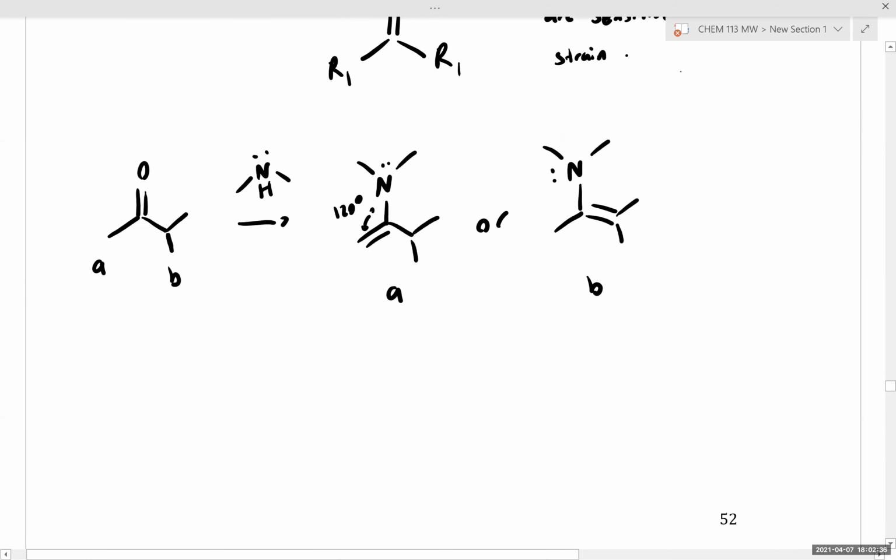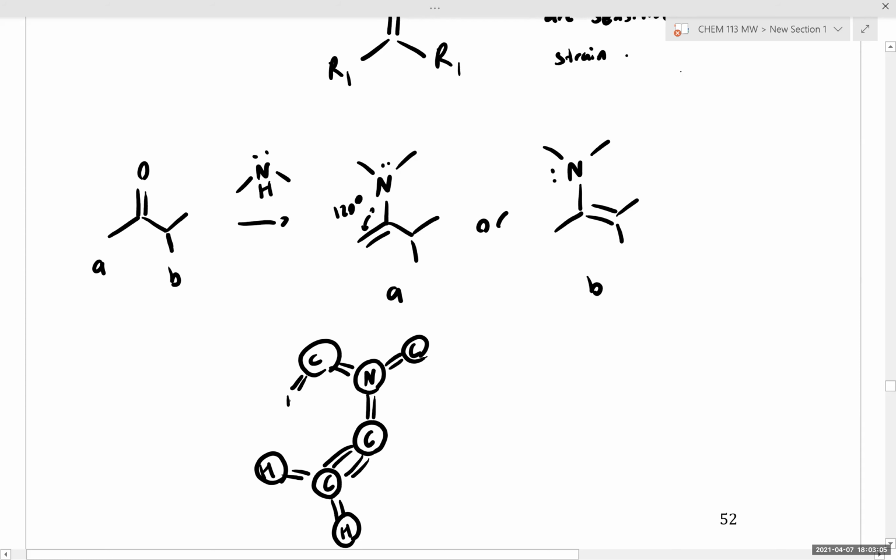And to help everyone visualize this, let's just draw a rudimentary picture. So in the first case, we have our methyl group, and our methyl groups on our amine are pretty close to our hydrogen.